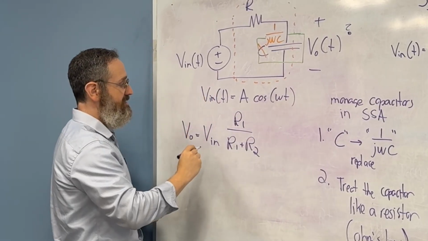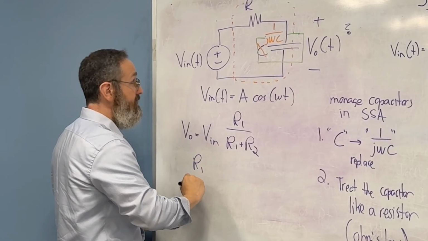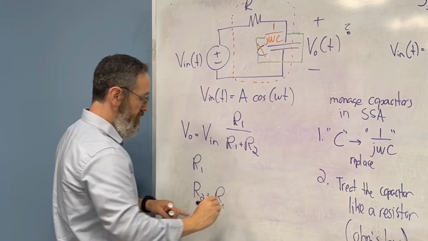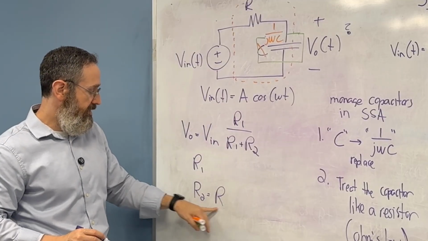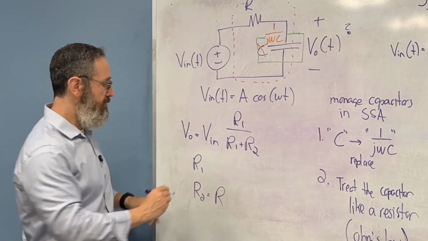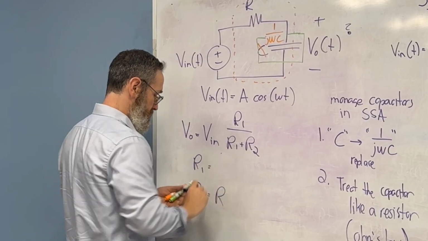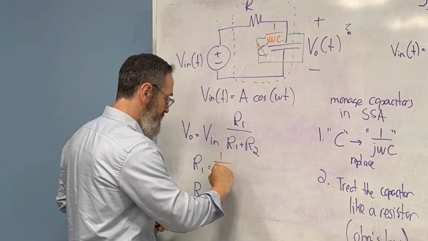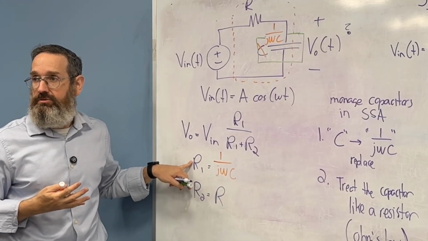In this case, R sub 2 is just R, whatever R is. So if R was 3, then so is that. What's R sub 1? R sub 1 is a resistor whose value is, put it in orange, 1 over JWC.